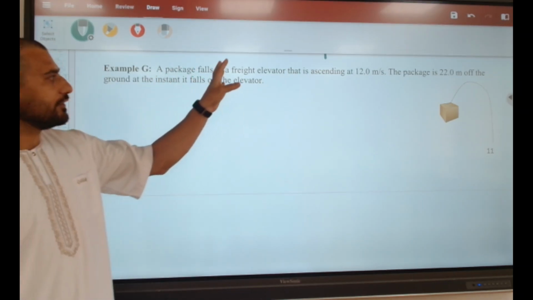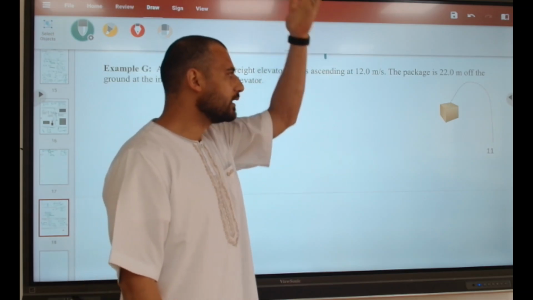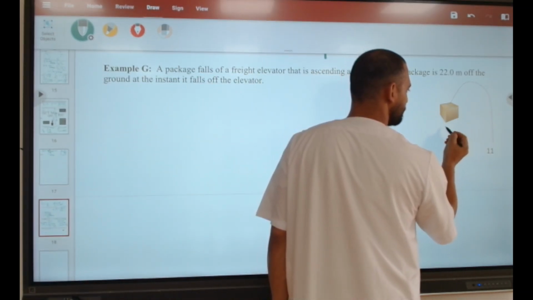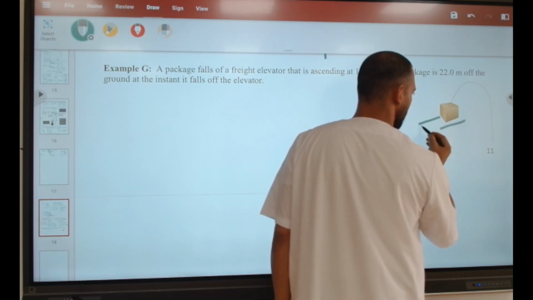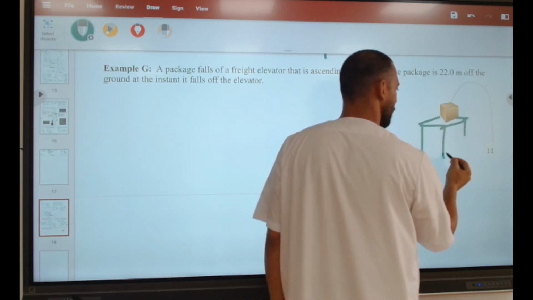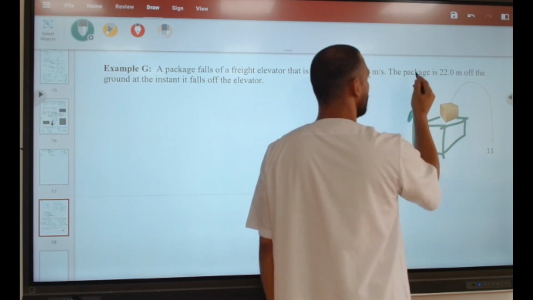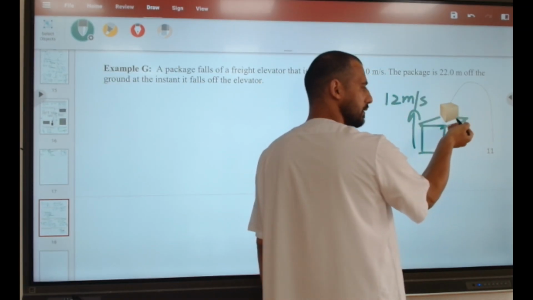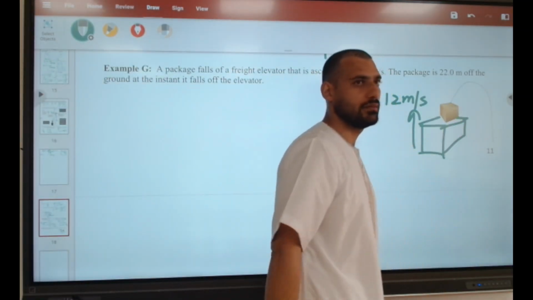A package falls off a freight elevator that is ascending at 12 meters per second, okay? There is an elevator, for example. This elevator is going up with 12 meters per second speed. And there is this package, it falls.